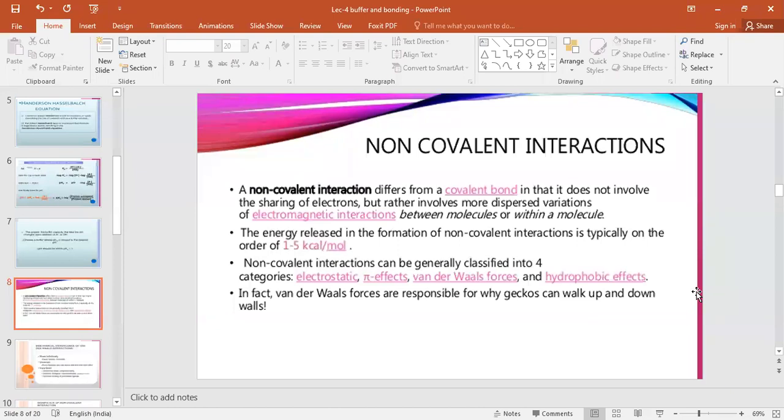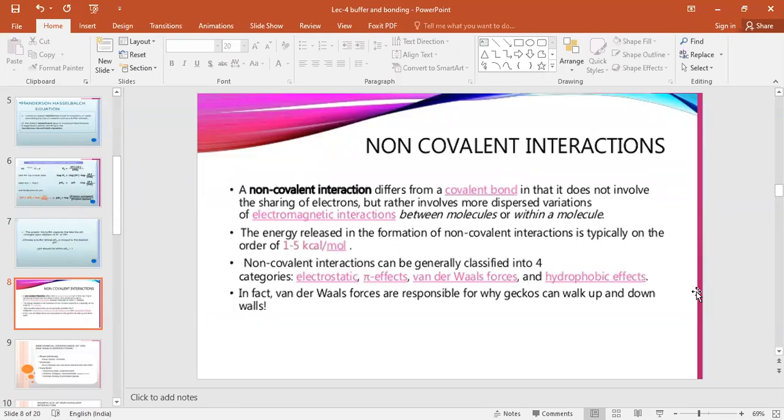Actually, the basic chemistry of all these bonds is not necessary, since it is not mentioned in your syllabus. You just have to overview this bond system: what is electromagnetic interaction, what is van der Waals bond, and what is hydrogen bond.